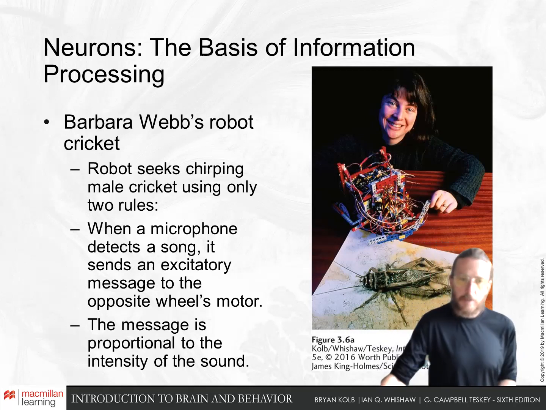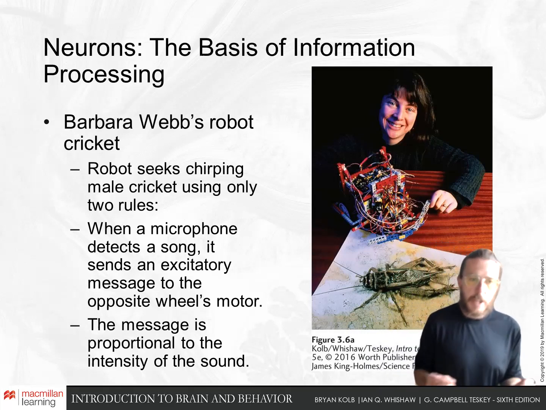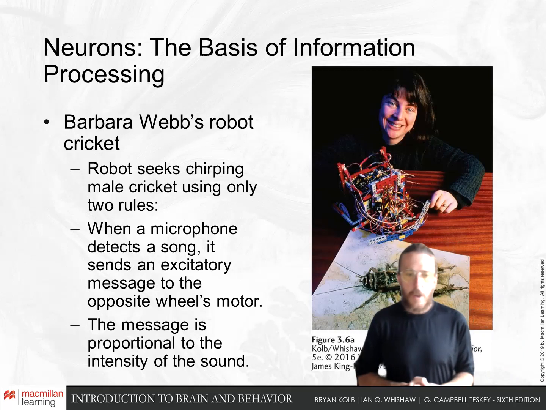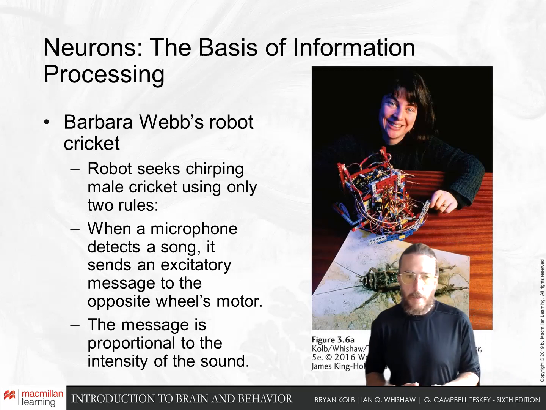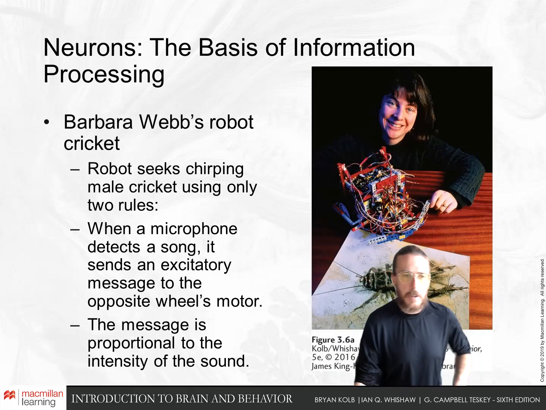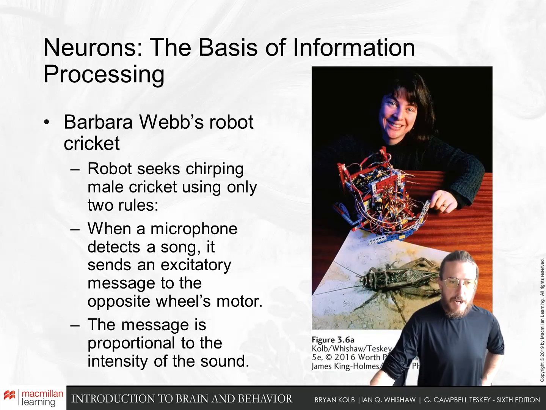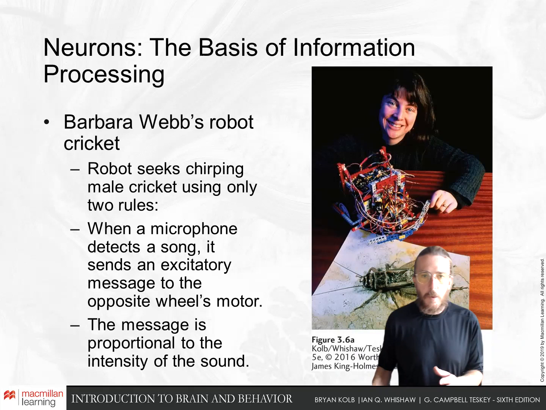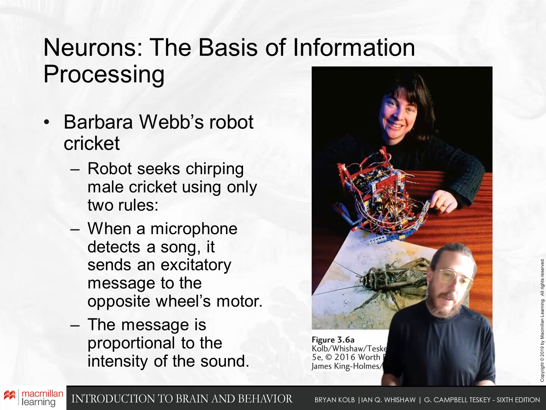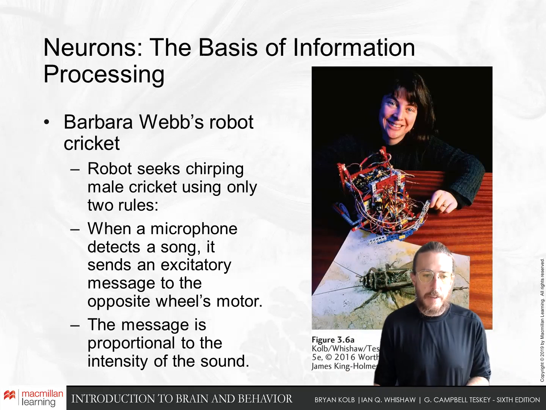So you can create this robot with microphones that detect noise and make the robot move towards that noise to replicate a male cricket seeking a mate. We can say that the louder the sound is, the more the motor should move, and so the faster the animal will move towards that sound.